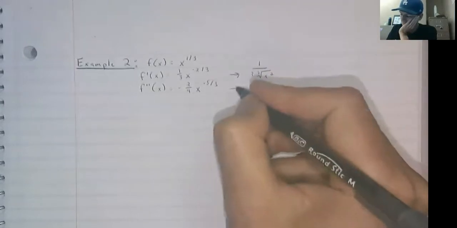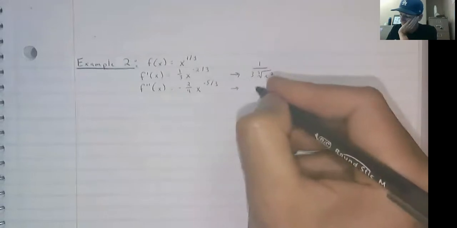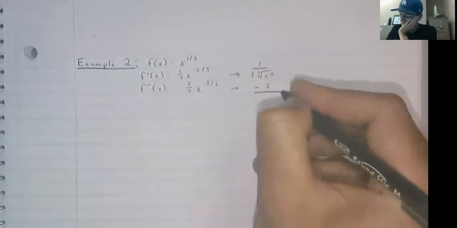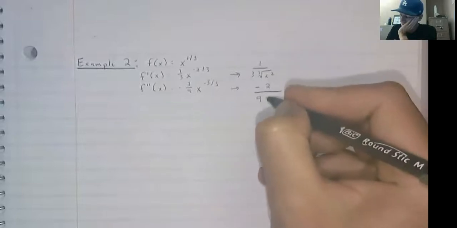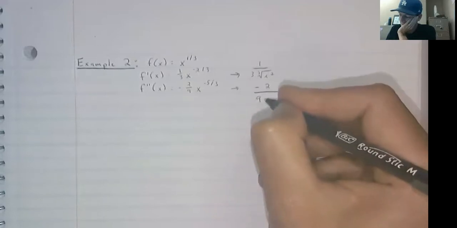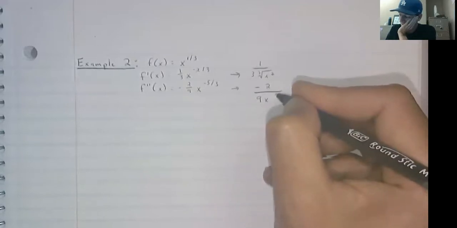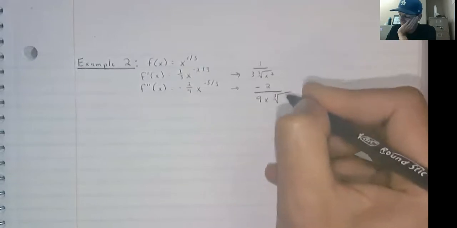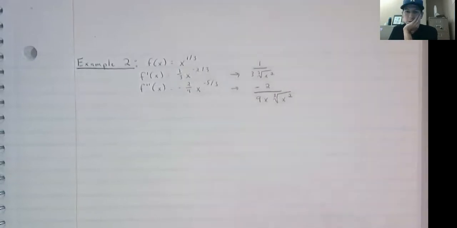And this is like negative 2/9 times, how do we want to do this? x times, yeah, cube root of x squared. Does that work? Hopefully. Yeah, why not? Okay.